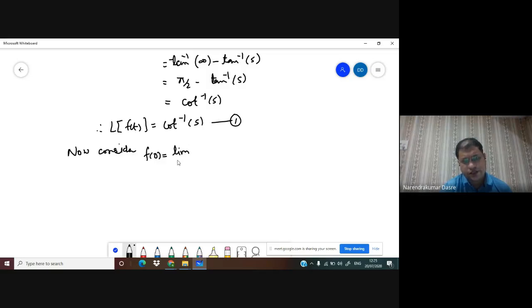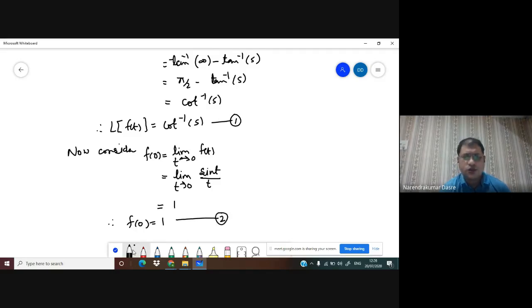This function is a continuous function, so we can consider the limit as t tends to 0 of f of t, which is the limit as t tends to 0 of sin t upon t. There is a standard limit: sin x upon x, when x tends to 0, is going to be 1, and hence we got f of 0 is equal to 1. This is your equation 2.